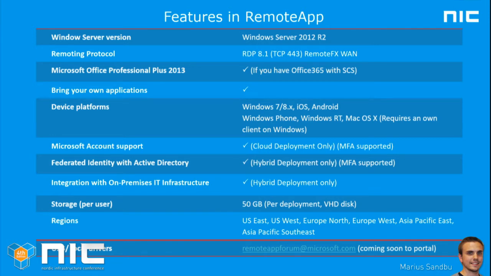You don't see the email link because I chose the wrong color, but in order to activate it, you have to send an email to remoteappforum@microsoft.com, and they will enable it for you on a per-subscription basis. But they also said that it's coming as an option in the management portal. So when we go into the Azure portal and provision a RemoteApp, we can click and activate remote drives. But I'm guessing that it's disabled by default for security reasons.